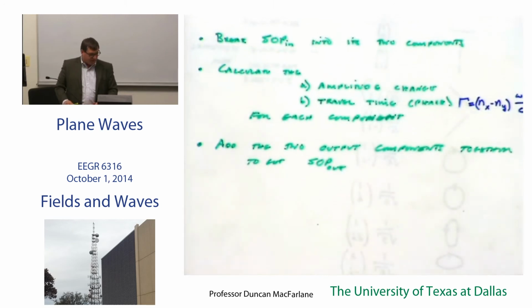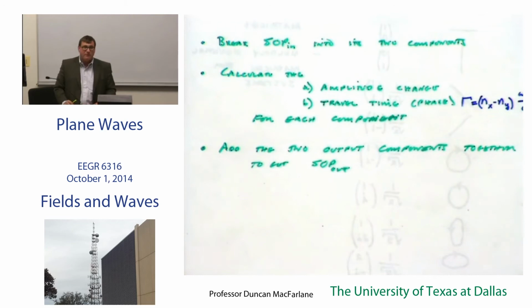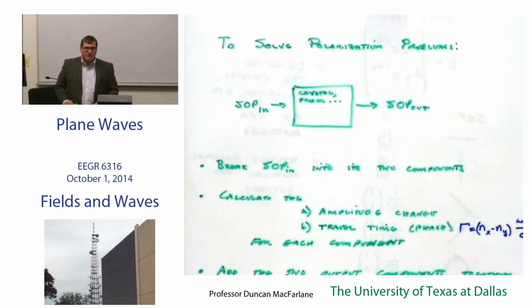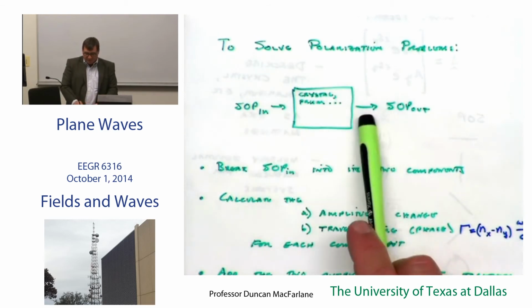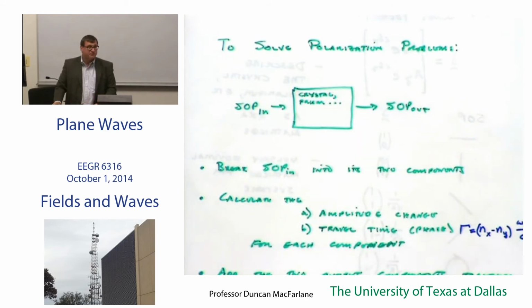There's sort of a standard procedure for solving polarization problems. And typically what you have is some sort of prism or crystal or birefringent element, something that has a broken symmetry in the x and the y. Remember the materials lecture? And so you have a state of polarization in, and you have a state of polarization out.